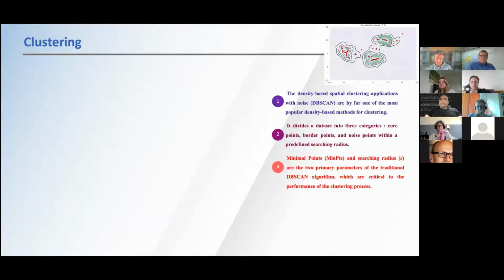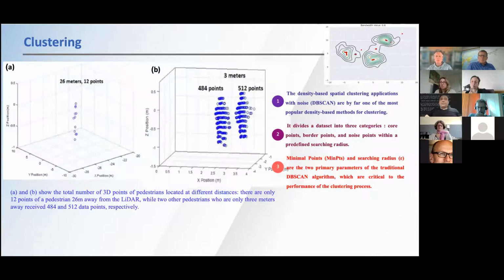So there are some different algorithms for clustering. In this case, for example, I just wanted to show how, in a study they provided, the data looks when the pedestrian is getting away from the LiDAR sensor. Even when it gets away, like 26 meters, in this case, it was possible to detect the object. So it shows the capacity of the algorithm.